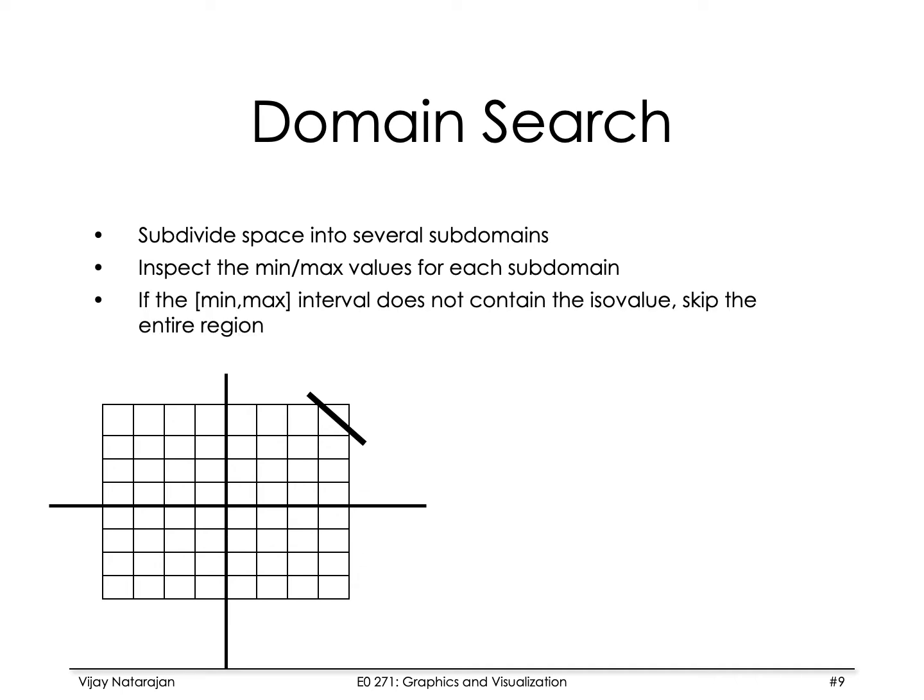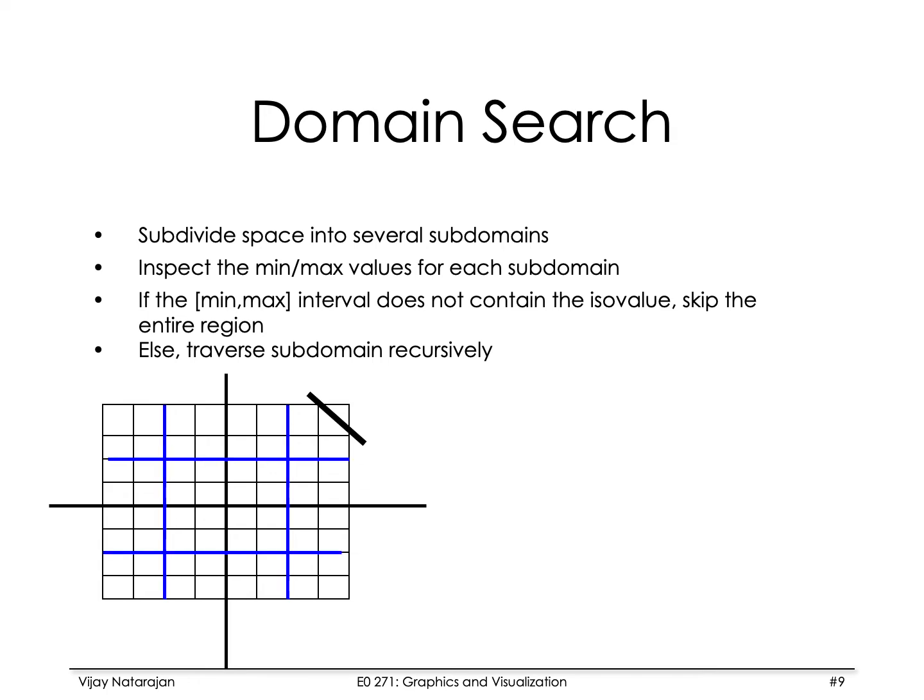So now if the min max interval does not contain my iso value, I can skip an entire subdomain. That is the strategy. If it does contain, then we recursively traverse the subdomain to identify the cell. This is the idea.